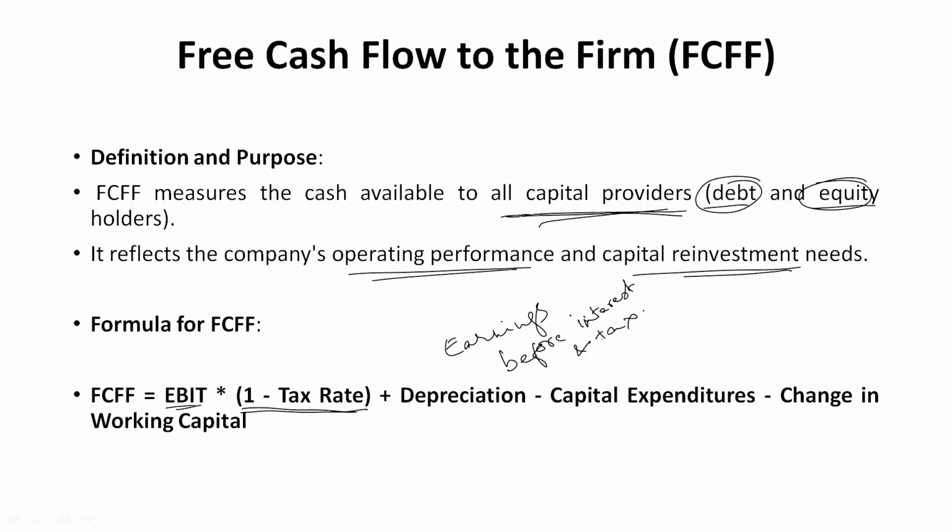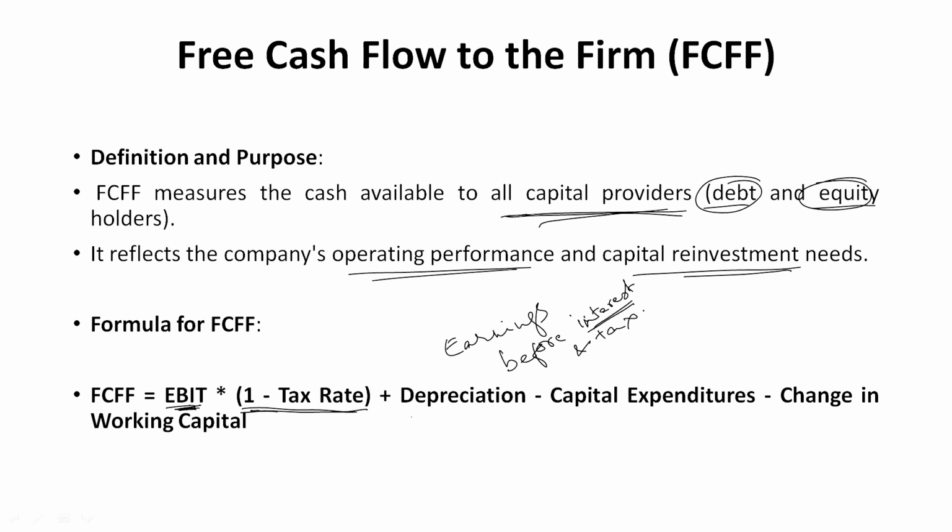Because the interest I am going to pay is tax exempted. It is considered as an expense, it's not part of the total income. This earning is before the payment of interest and tax, which means I'm going to get the benefit of tax for the interest I'm going to pay. That's why I put it as 1 minus T.